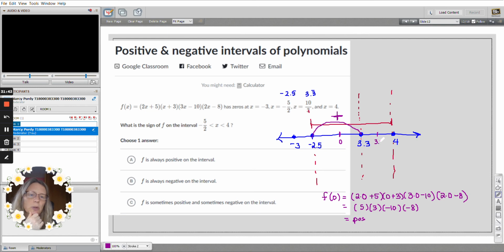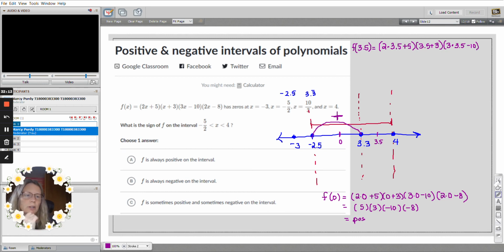So let's do 3.5. And I'm going to go up to the top of the screen because I'm running out of room. So when we plug 3.5 in, 2 times 3.5 plus 5, and 3.5 plus 3, and 3 times 3.5 minus 10.